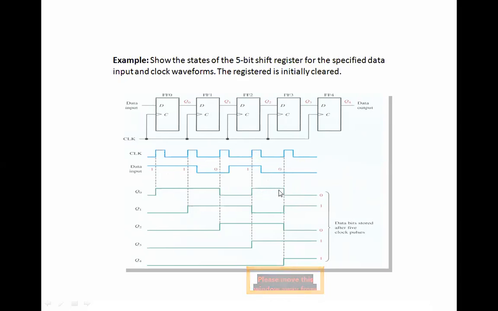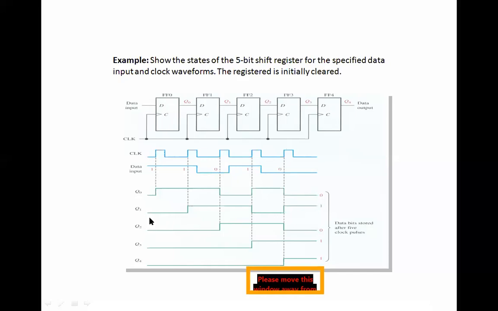Is it 1 or 0? 1, right? So you should be very sure to count how many clock signals. All that will happen based on the number of bits, 1, 2, 3, 4, 5. After the fifth only, you should find out what your output is.